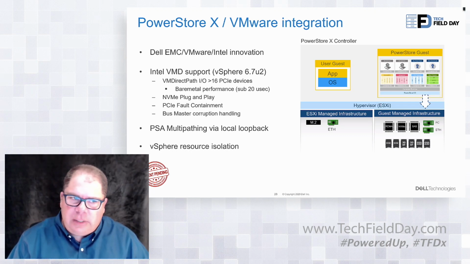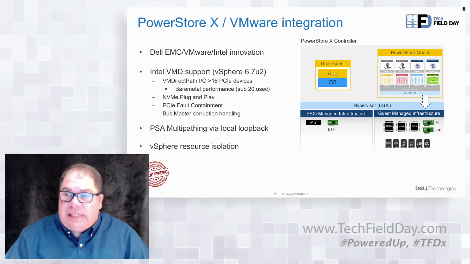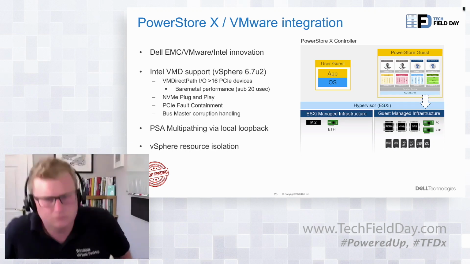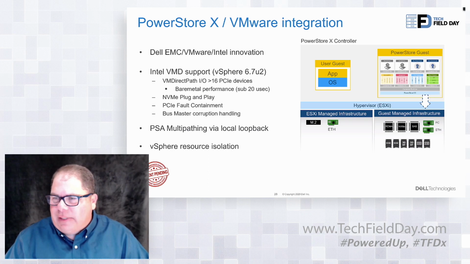So we are leveraging what VMware ESX calls VM Direct I/O, or direct path. That's basically where you can pass through a number of PCI Express devices. As long as those devices handle a certain type of reset capability, you can pass them through to a guest, and then that guest can use its local guest drivers. However, that's only limited to about 16 PCI Express devices.